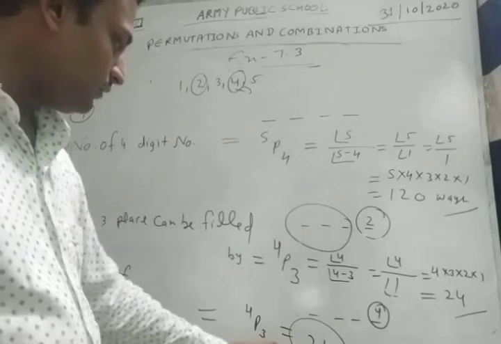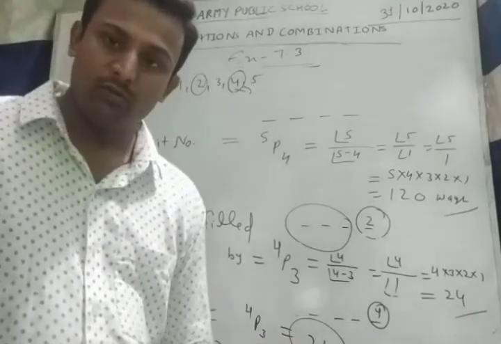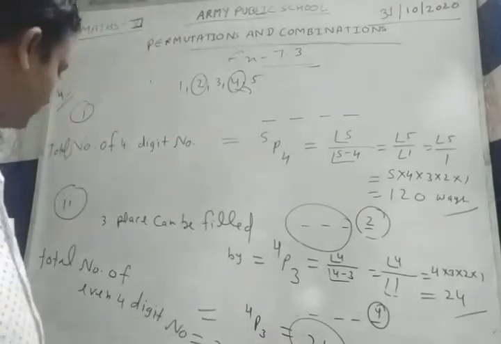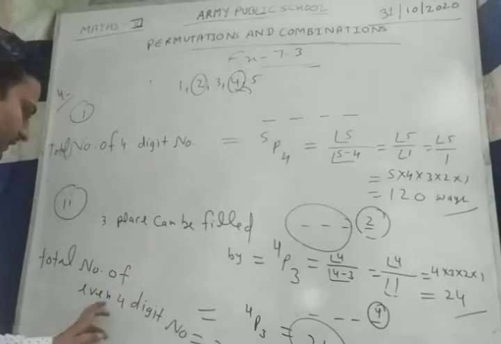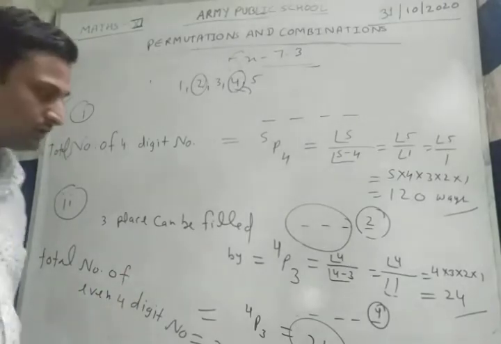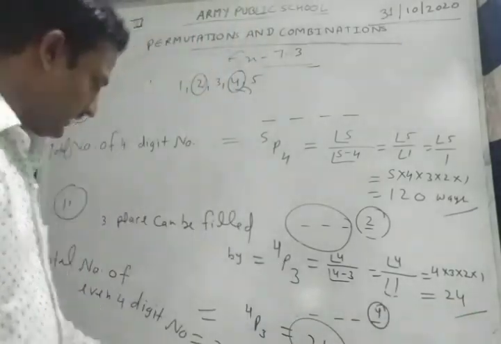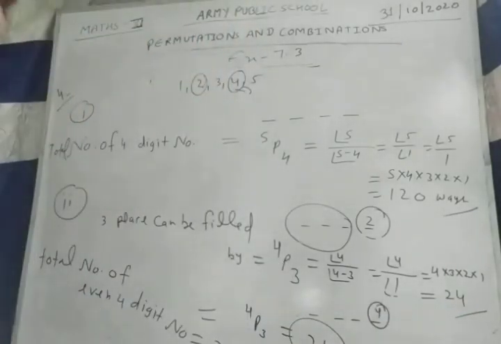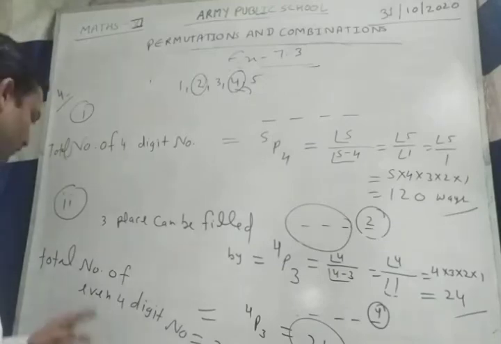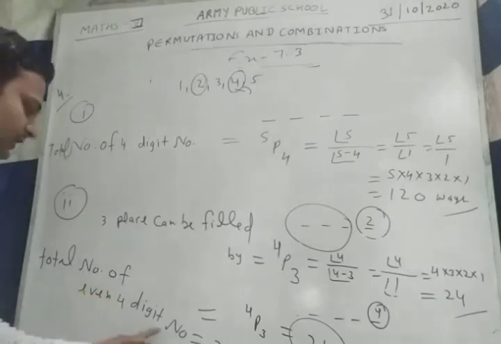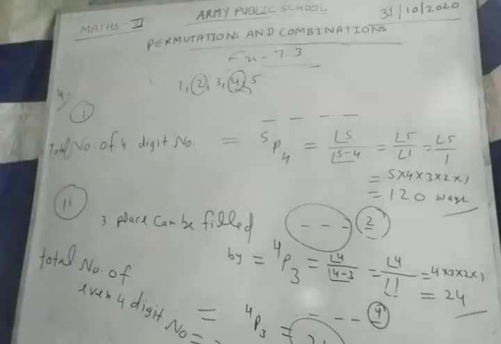Again solving this we get 24. So the total number of even 4-digit numbers will be 24 plus 24, which is equal to 48.